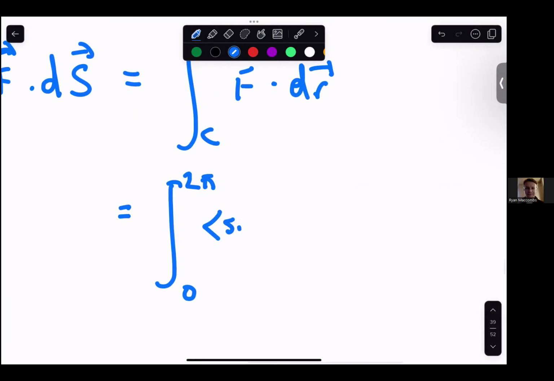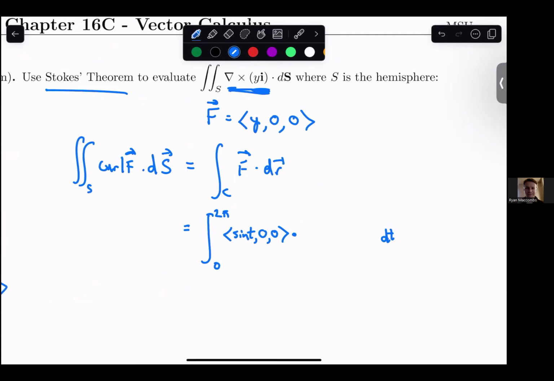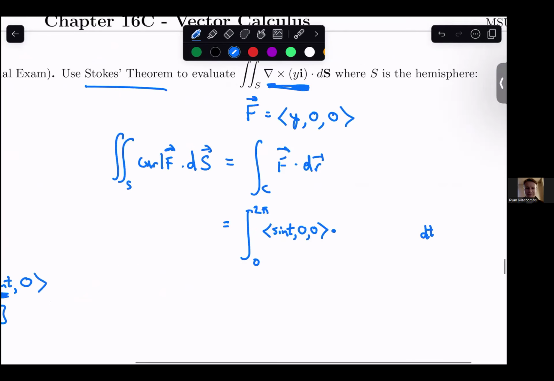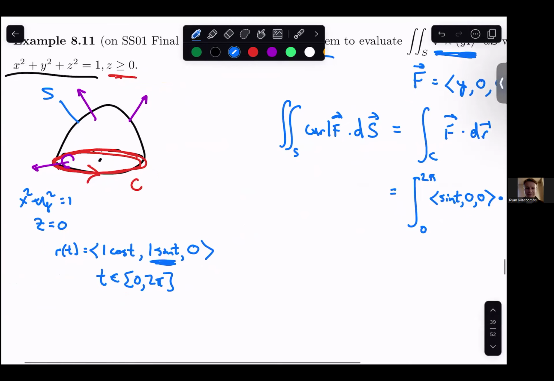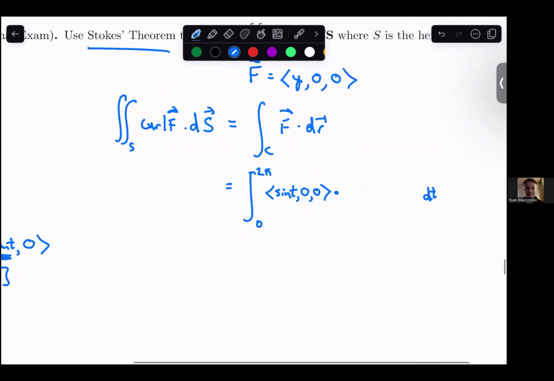So sine of t, 0, 0, dot product with dr. So this is where we need to take our derivative of our r vector back here. So the derivative of cosine is going to be negative sine. The derivative of sine is going to be cosine. And the derivative of 0 is still just 0. So evaluating out my dot product, I'm going to have negative sine squared t dt.